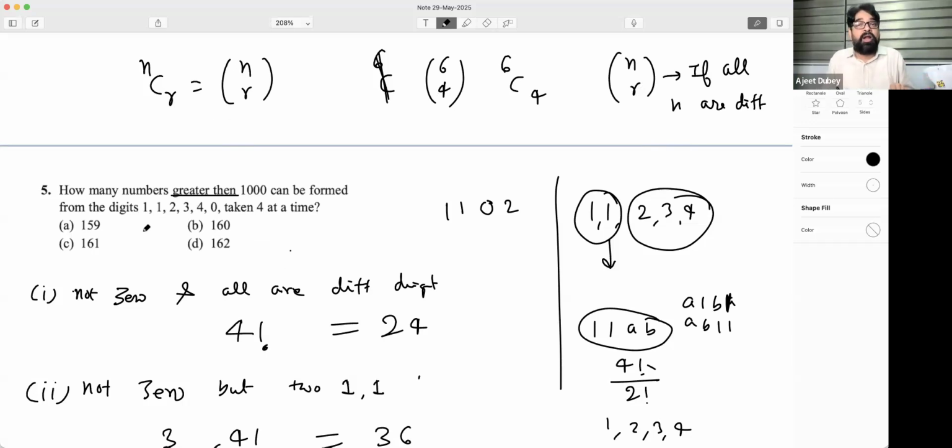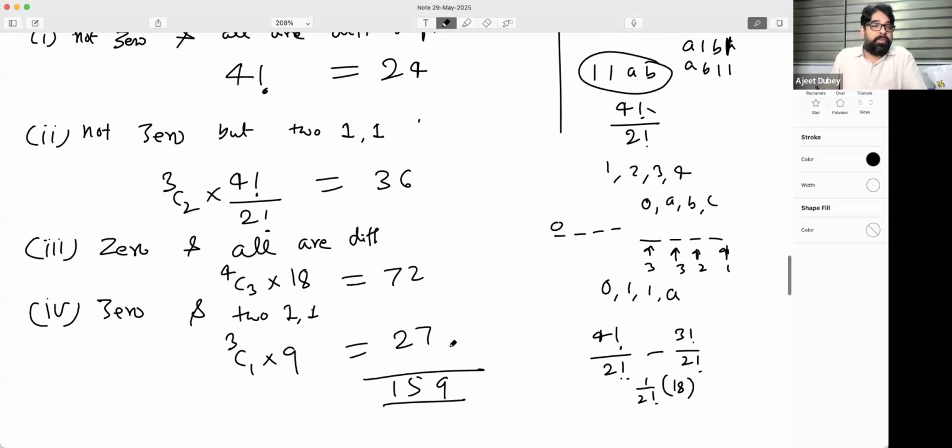If this 1 1 is not there, suppose it is 1 2 3 4 0, of course you can go ahead with this. But the problem is that all these are not distinct. There are some mixed objects. Whenever there are mixed objects, we cannot apply this. It is strictly valid only if all the objects are distinct and you are selecting distinct objects from there. Right? So this is what will come.